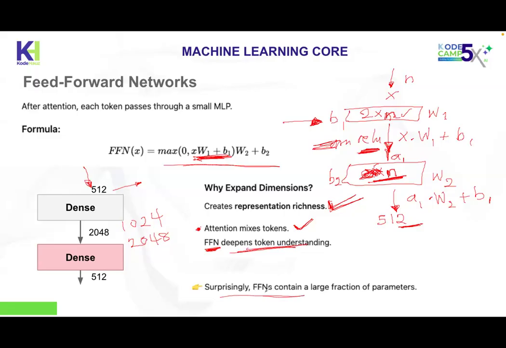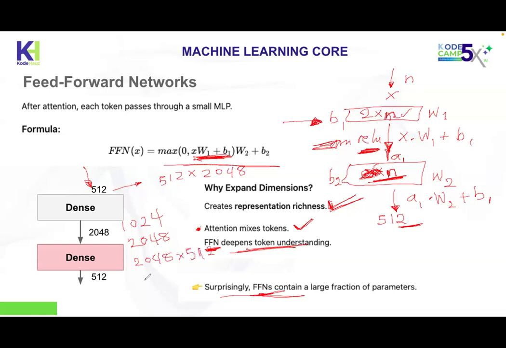The interesting thing is that a feed-forward network contains a large fraction of the parameters, mainly because of the expansion in the number of neurons in that layer. Since it's a dense layer, this one is going to have 5112 times 2048 parameters, and this one is also going to have 2048 times 5112.